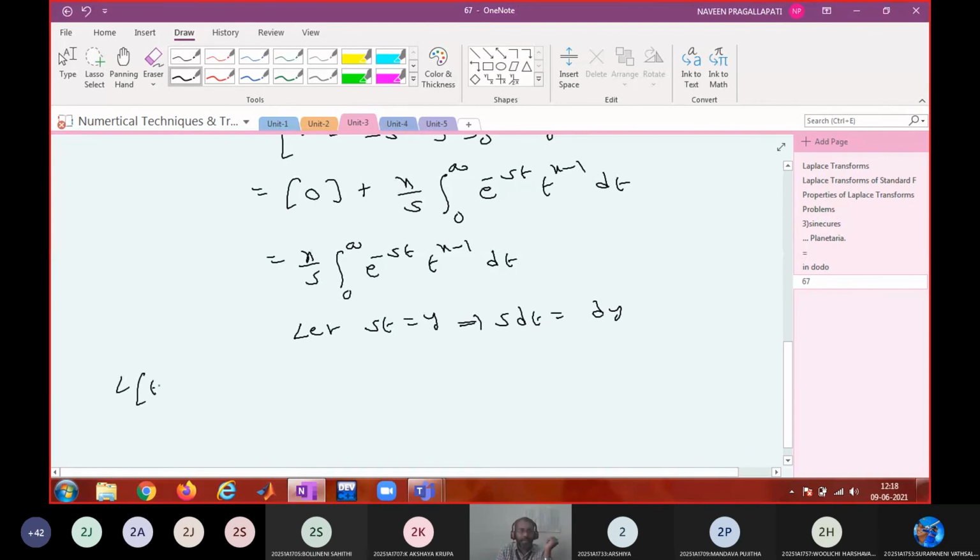So Laplace transform of t power x is equal to x by s into the integral. As t tends to 0, y tends to 0. As t tends to infinity, y tends to infinity, provided s is positive. Only when s is positive, y tends to infinity. Agreed or not? So these limits are going to be 0 to infinity. So e power minus y.